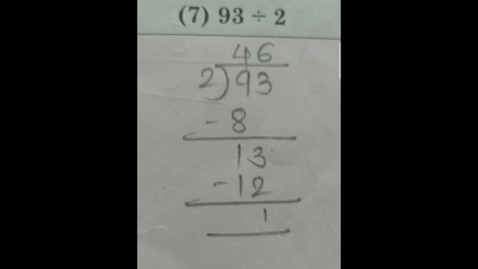No. But you have to find a number which is less than 13 and which is coming in 2's table. So it is 2 sixes are 12. 13 minus 12, the answer is 1. Like 3 minus 2 is 1 and 1 minus 1 is 0. So students, the dividend is 93, divisor is 2, quotient is 46 and remainder is 1.